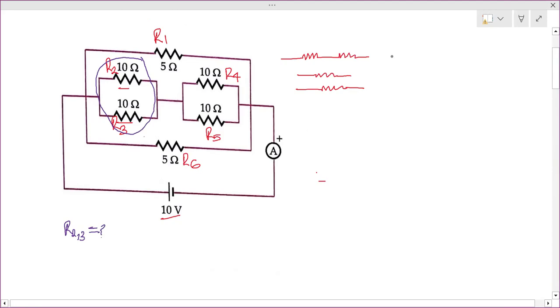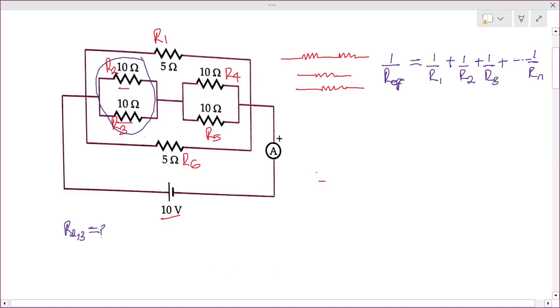If you remember this formula, 1 over R effective is equal to 1 over R1 plus 1 over R2 plus 1 over R3 plus, until 1 over Rn, as the case may be. So that is parallel arrangement. In series, it's just an algebraic summation of the resistances, as the case may be.